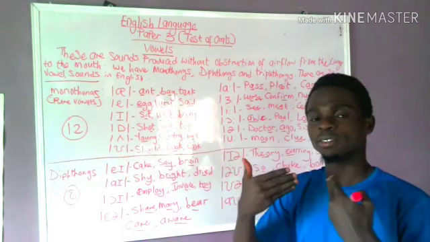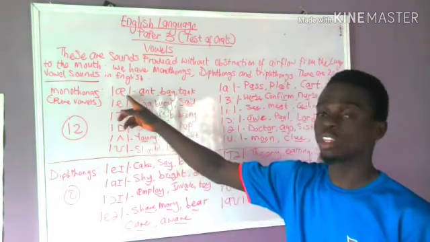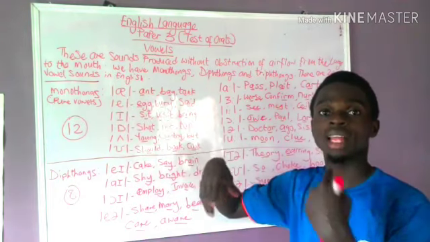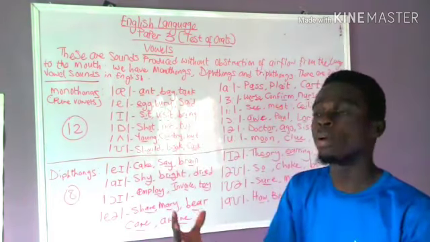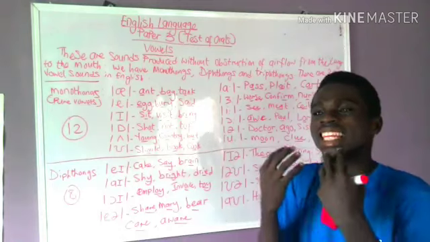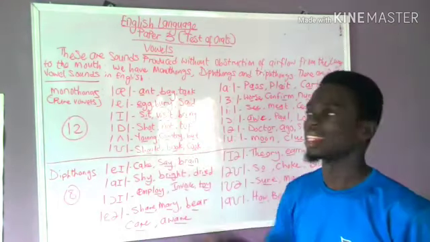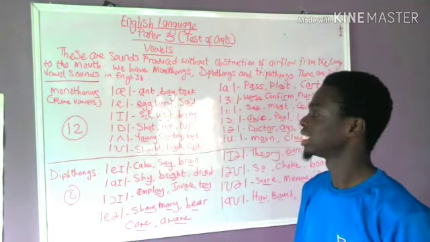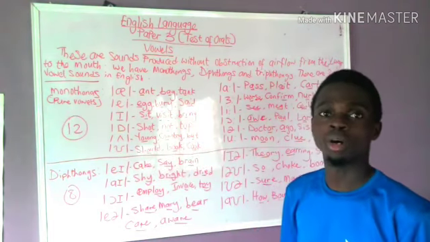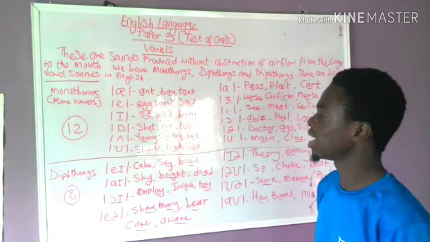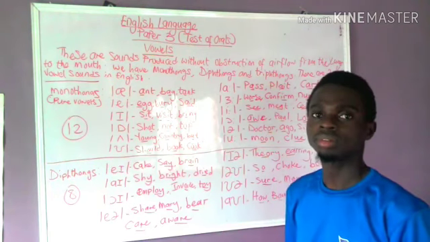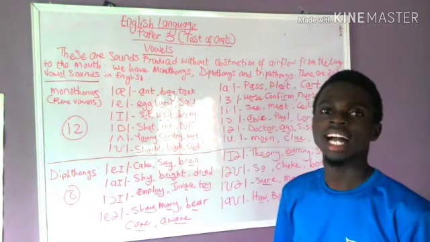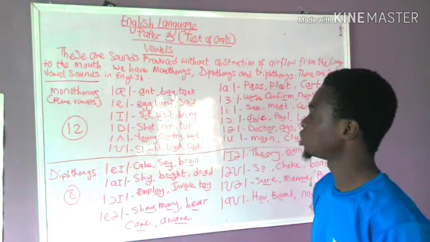Your mouth is flattened whenever you pronounce it, or like this one, whereby your mouth is quite rounded and wide open. Here, this one, you're just slightly opening your mouth and saying the sound. So you get young. The young boy came here yesterday. Country. Nigeria is my country.